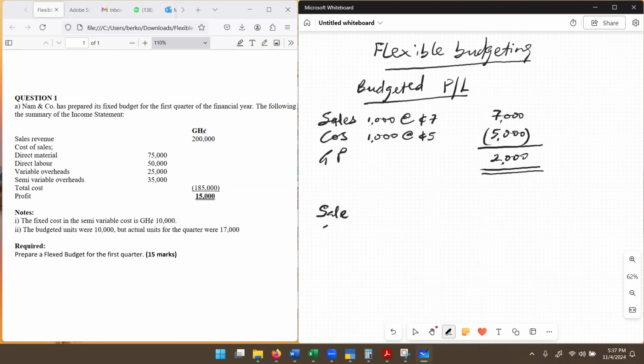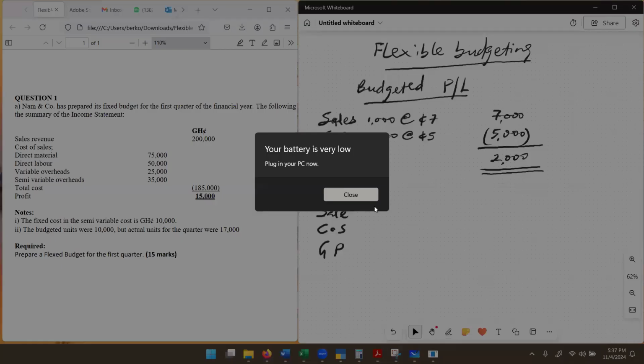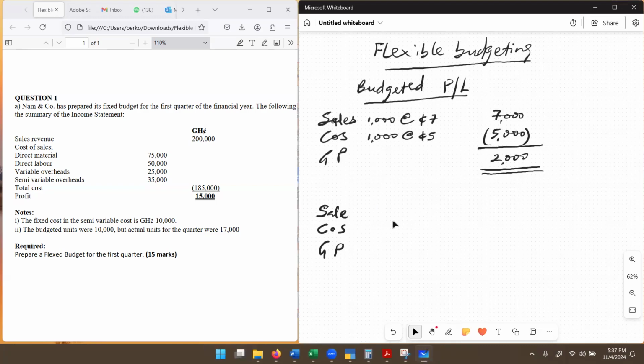So sales, cost of sales, and then what? Gross profit. So sales will now be what? Assuming we were able to sell 700 units, the budget will now go 700 at what?